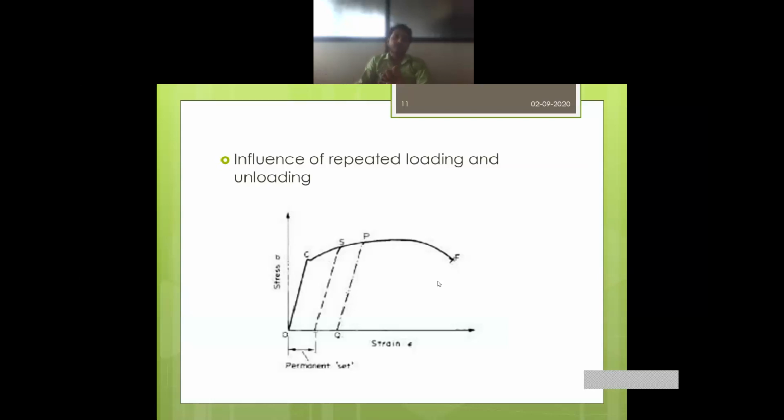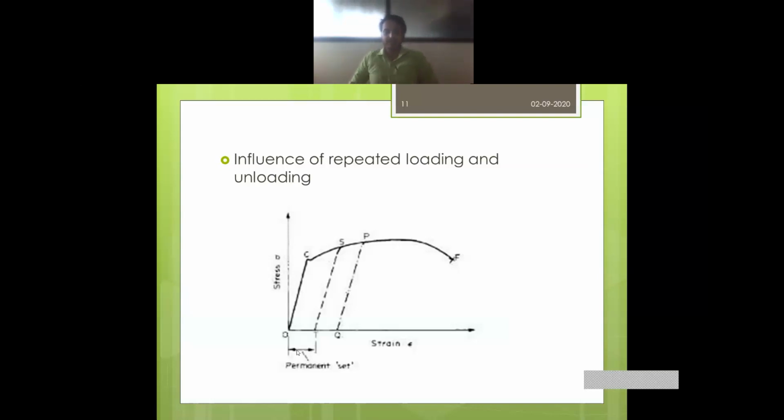The observation we can make here is that the deformation that has happened is permanent. That is why it is indicated here as the permanent set. When we apply load beyond the elastic limit, the change in length of the member is permanent.